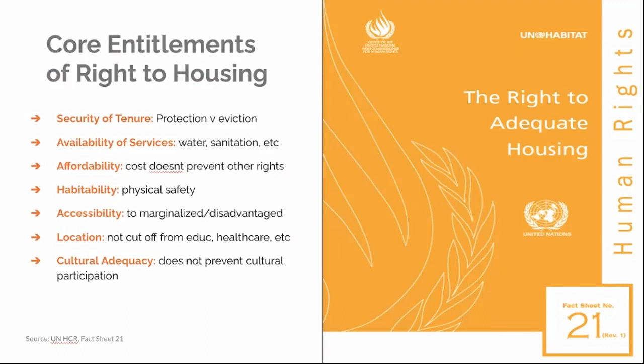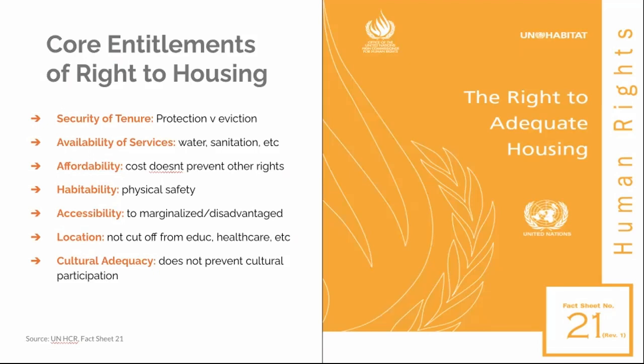What if it's dangerous to live in that place? What if anyone can kick you out at any moment? What if you don't have access to water? What if you need to pay an arm and a leg in order to get that house? I don't think that's adequate housing, and neither does the UN, which is why they made the fact sheet that you can also access for free.